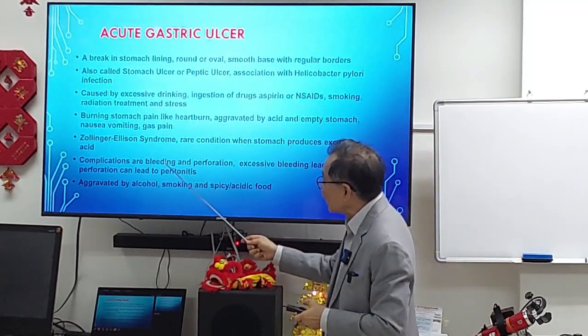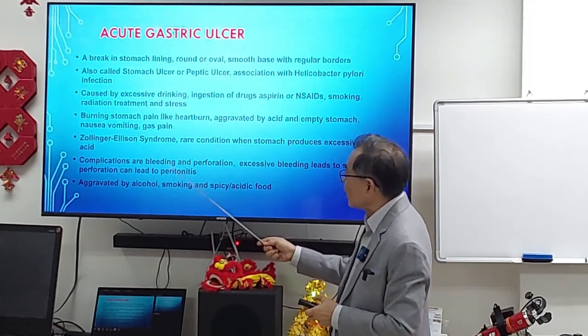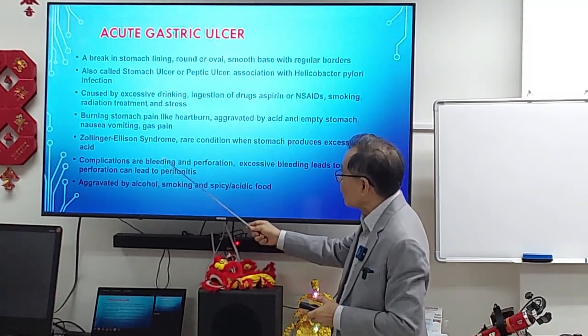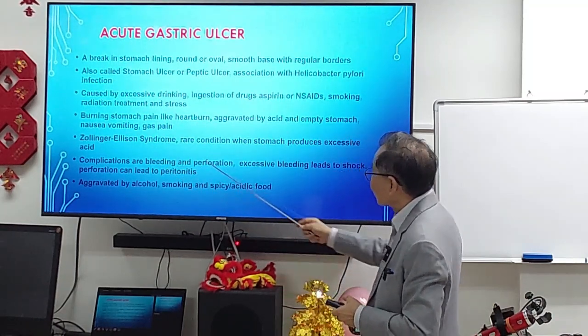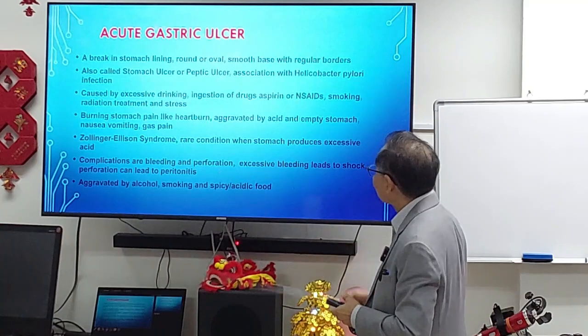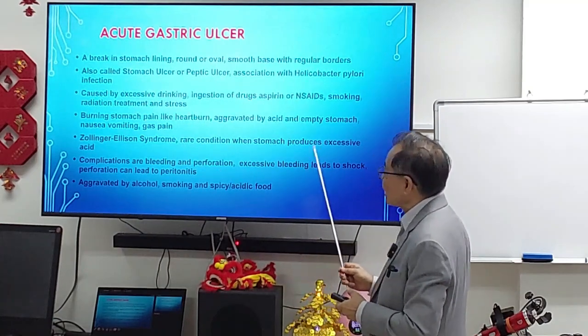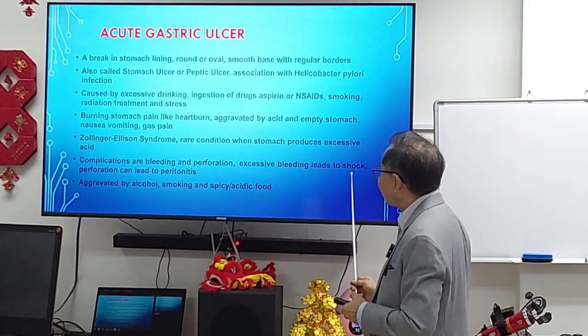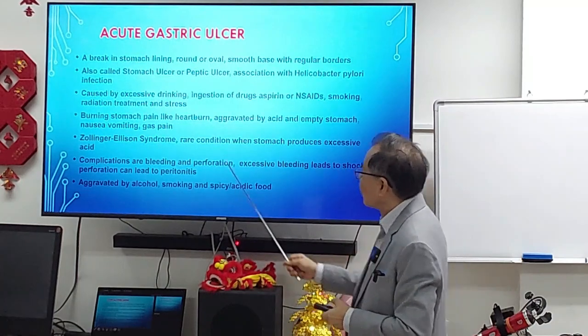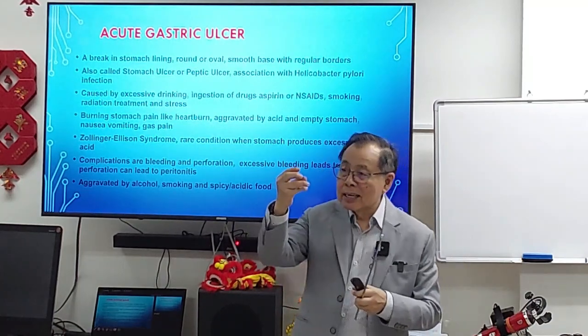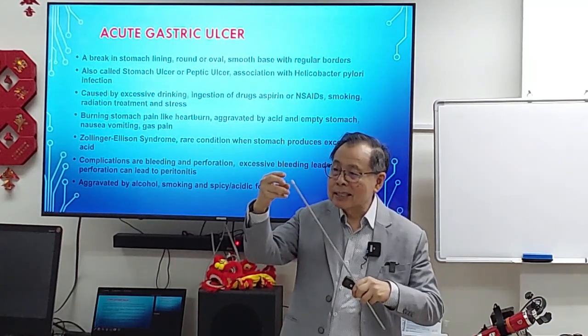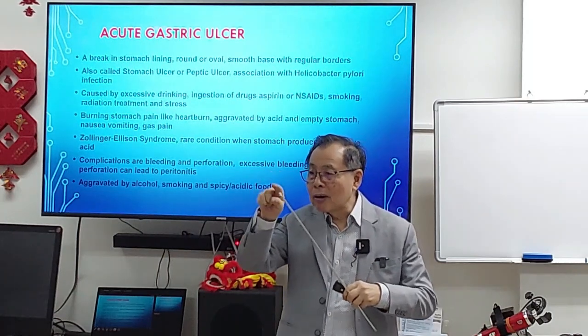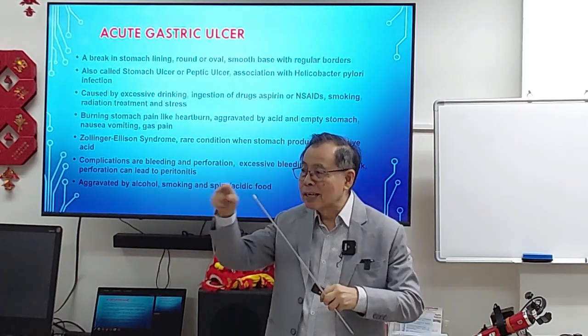When you have a lot of acid, chances are there's bleeding, there's perforation. These are the two complications. So excessive bleeding can lead to shock. Perforation means that the break penetrates all the layers of the stomach right through.